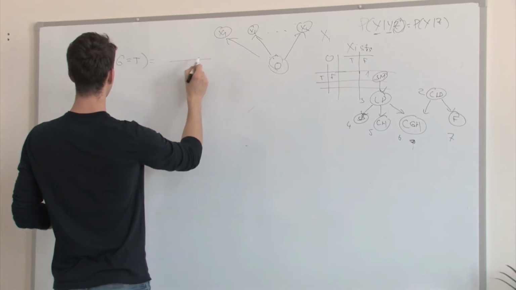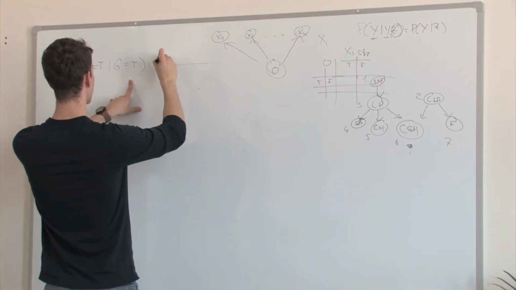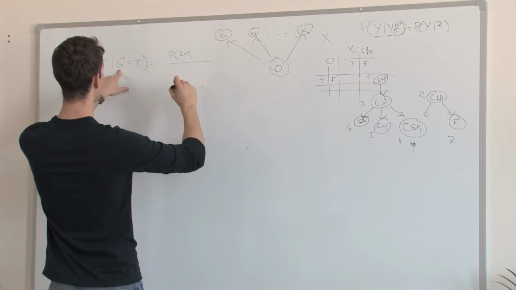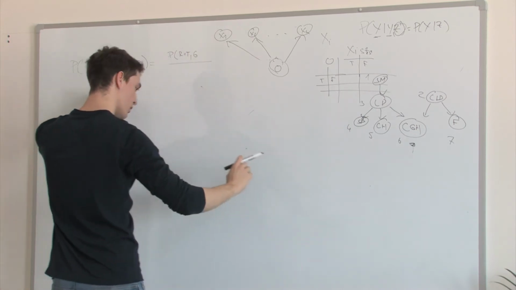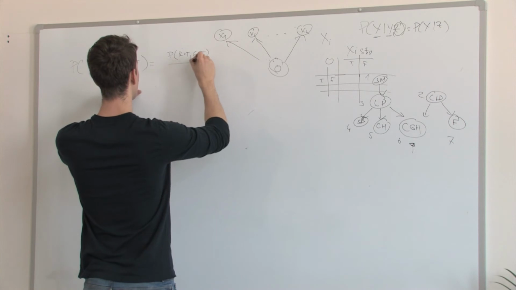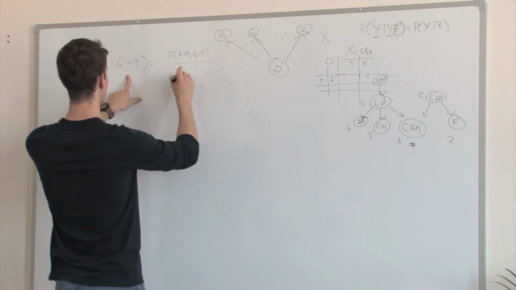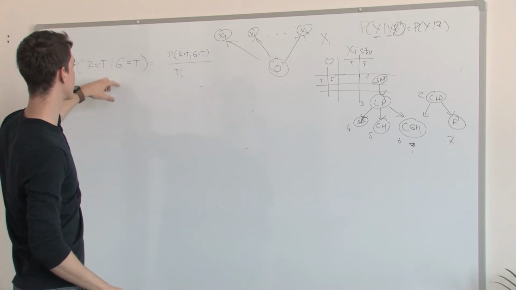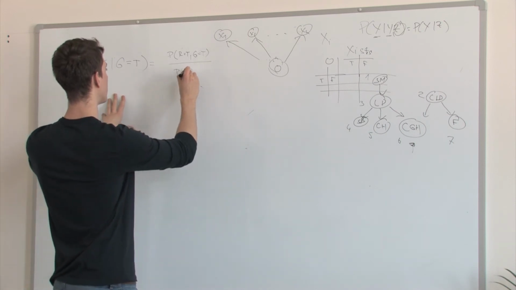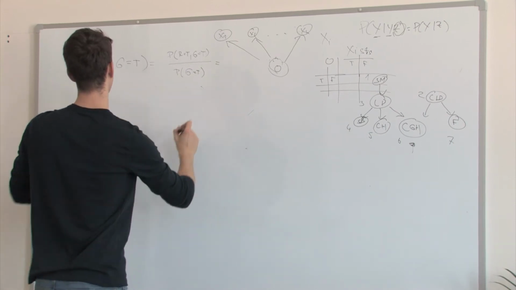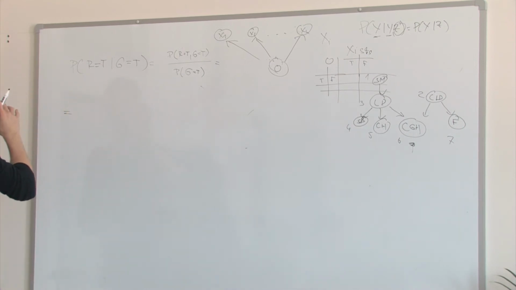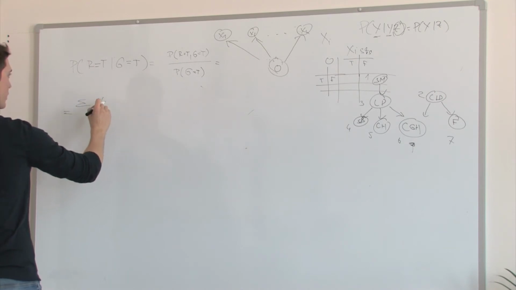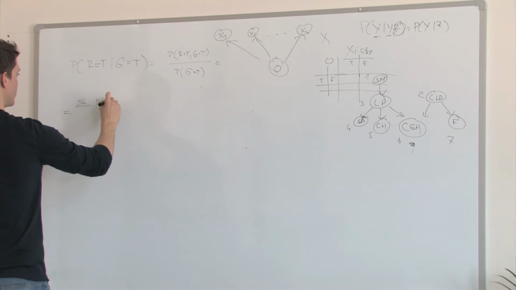So we know that this equals the probability of rain being true and at the same time grass being wet, divided by the probability of grass being wet. This means the probability of one variable in intersection with the probability of the second variable. Now to rewrite this using the joint probability distribution, this is the sum of the probability of G being true.